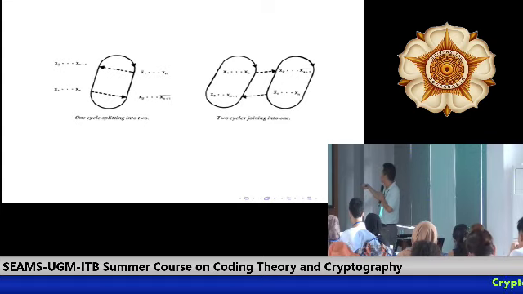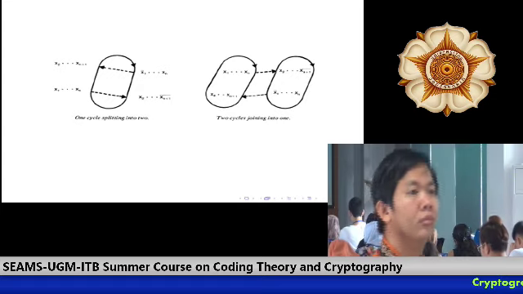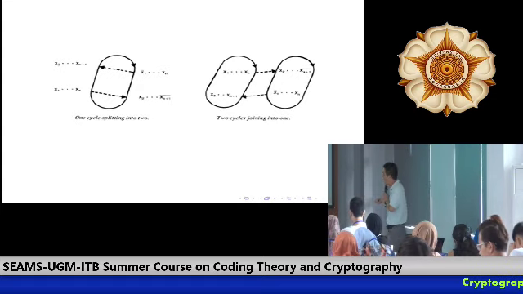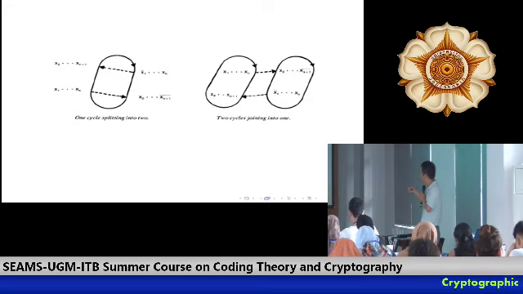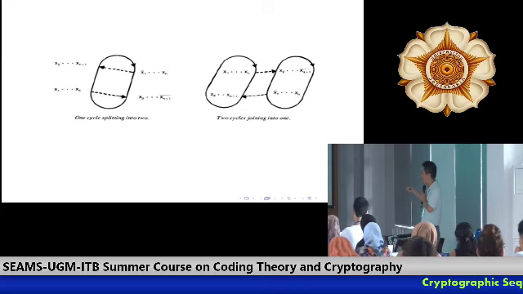If the conjugate states are in two different cycles, like this one, this is a cycle.